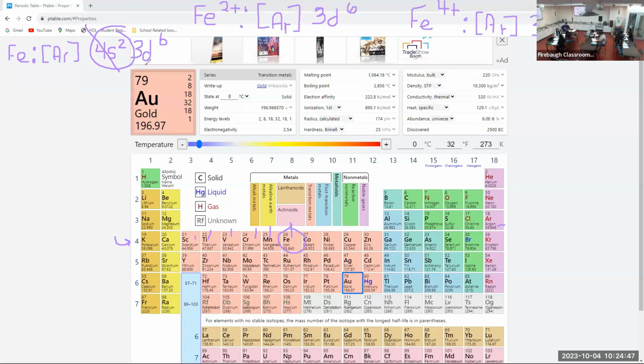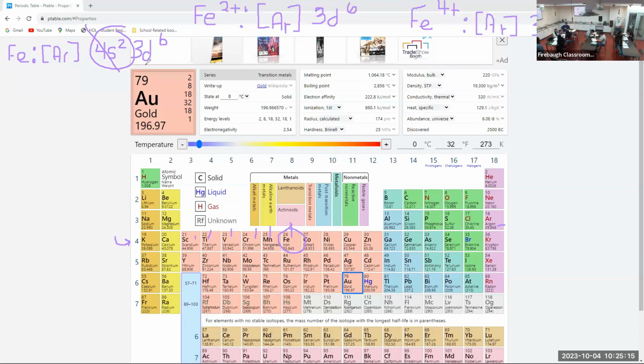Why is it 3d instead of 4d? In that case, it's Fe 4 plus. So what does 4 plus mean? I have 4 electrons that are being lost. They're removed, because we know electrons are negative charge. If I remove 4 negative, that means I have 4 positive.